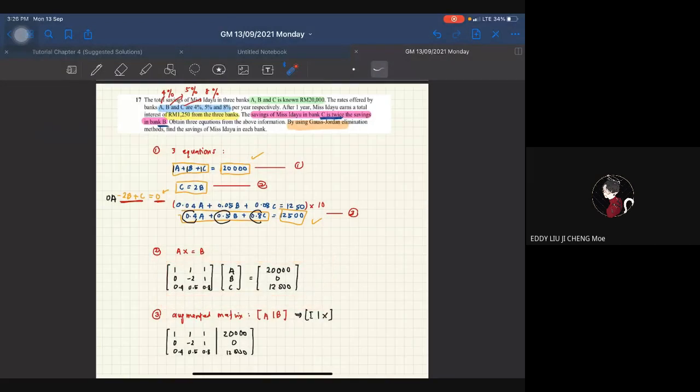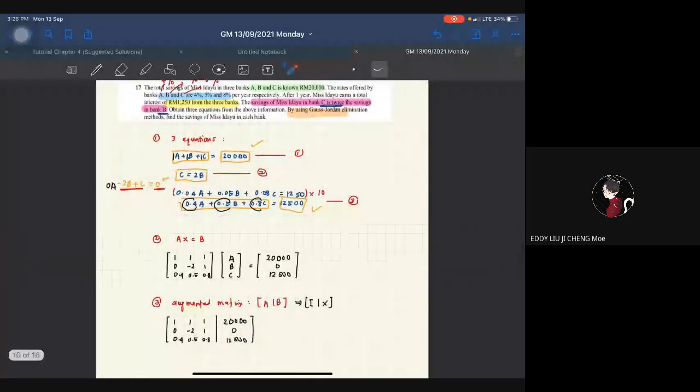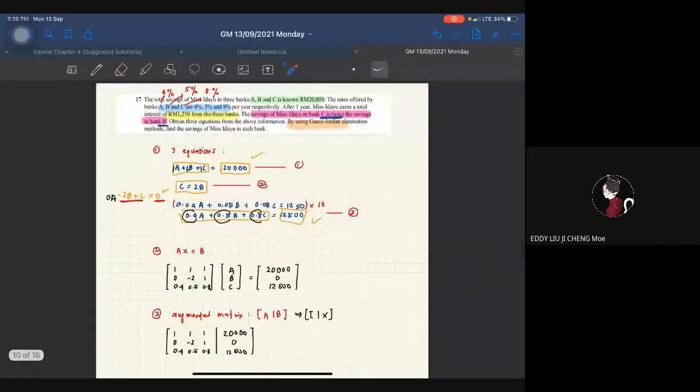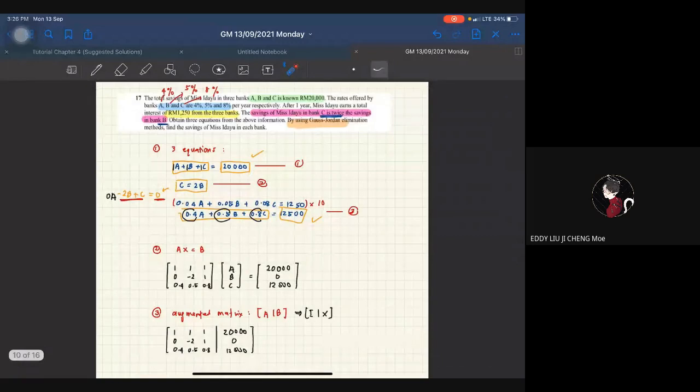So I can just terus write the augmented matrix lah. Betul. So kiranya if the question doesn't ask you to write in the matrix form, in this general form over here, okay, you can just straight away go to the augmented matrix form. Okay, tak ada masalah pun.